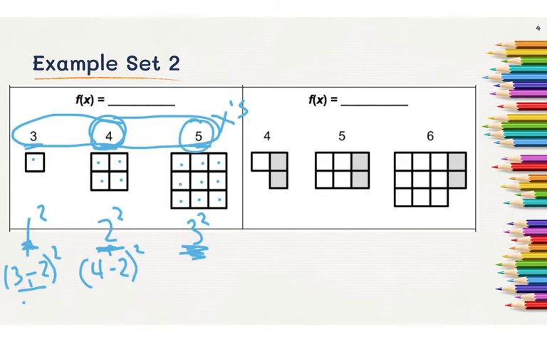And 5 minus 2 is 3. And now I can square it. So my equation, and try and write it down before I do, is f of x is equal to whatever x value is minus 2. And then I get to square it.